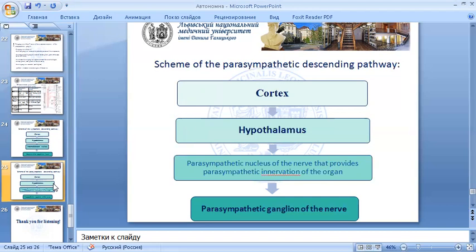The third neuron lies in the parasympathetic nuclei of the cranial nerves, or the sacral parasympathetic nuclei of the spinal cord. The last neuron lies in the parasympathetic ganglia, and its axons terminate with the effector in the organs.